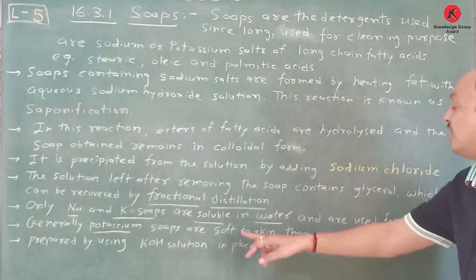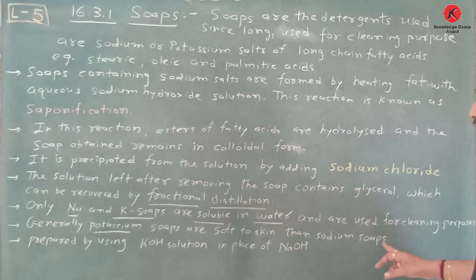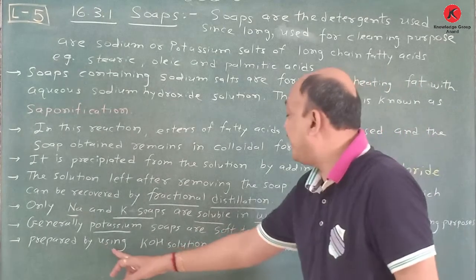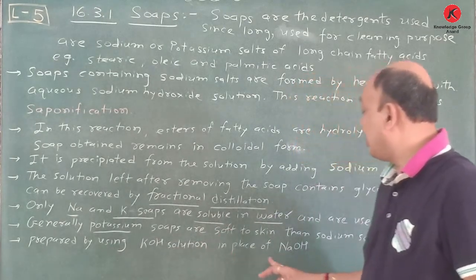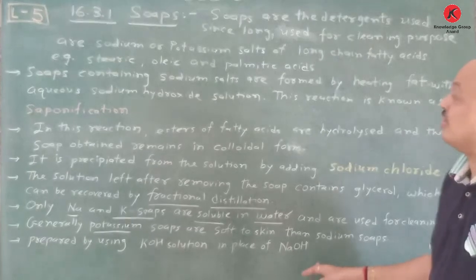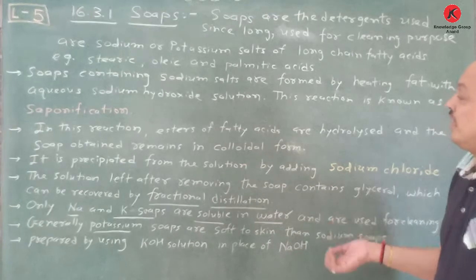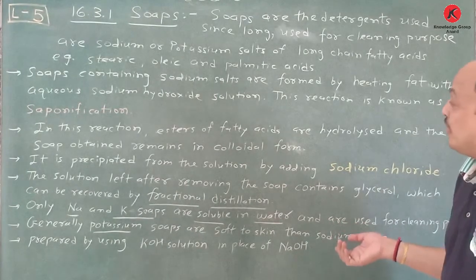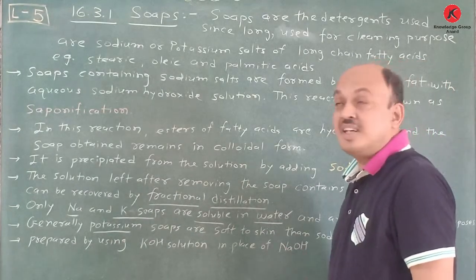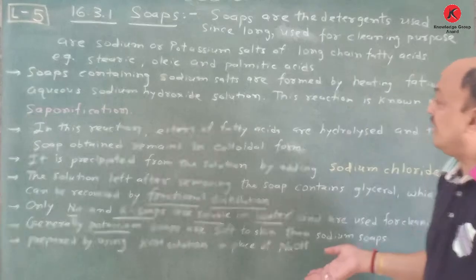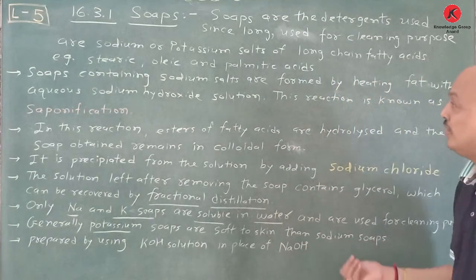Potassium soaps are soft to skin than sodium soaps, prepared by using potassium hydroxide solution in place of sodium hydroxide. This is the information regarding soaps according to the NCERT textbook. Now we see types of soaps in the continued lecture.